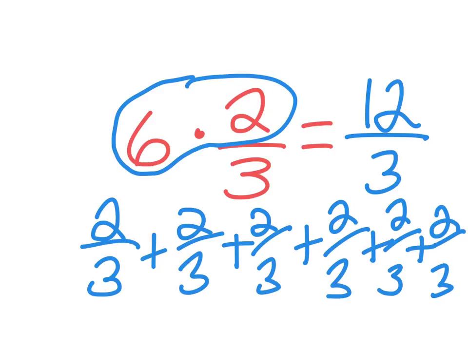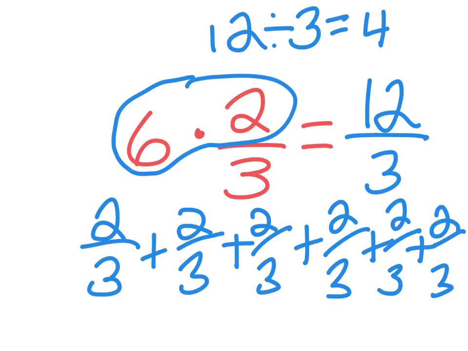I know it would only take 3/3 to make one whole. So I can divide 12 by 3 to see how many wholes I can make out of that. And I know that 12 divided by 3 is 4. So how far has the marathon runner run? Well, he's run 4 miles within these 6 days already.